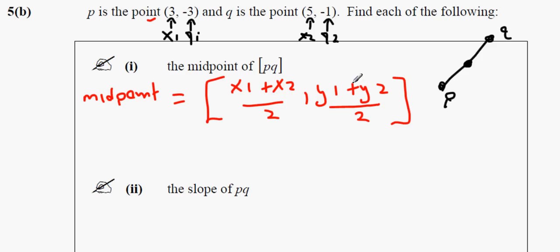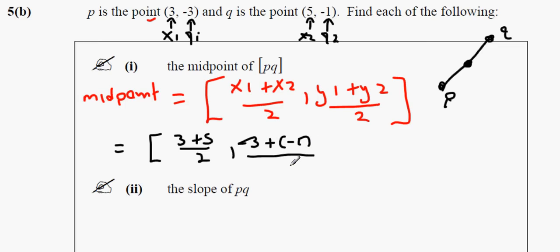Okay, so now what we're going to get equal to is this. x is going to be 3 plus 5 divided by 2. y is going to be minus 3 plus minus 1, and that's all going to be divided by 2. Okay.